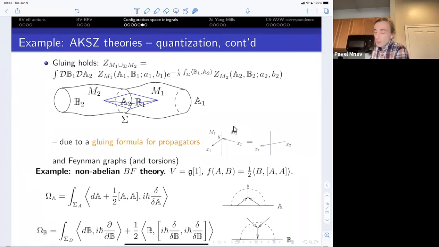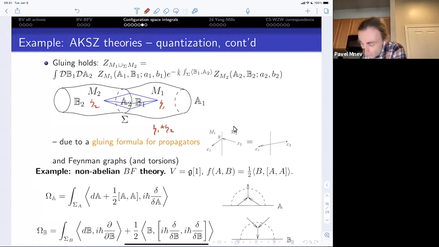In fact, if I had the partition functions for the two pieces calculated using some particular propagators, let's say eta1 and eta2, then this corresponds to calculating the partition function for the glued manifold using some particular propagator, some kind of gluing of eta1 and eta2, which I tried to draw a picture of. In particular, for this glued propagator, if one leg is on the M2 side, the other leg is on the M1 side.